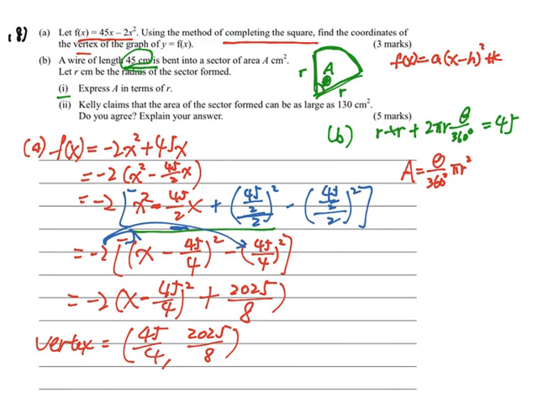Finally, we need to find the red equation. So we need to substitute the green equation into the red equation.